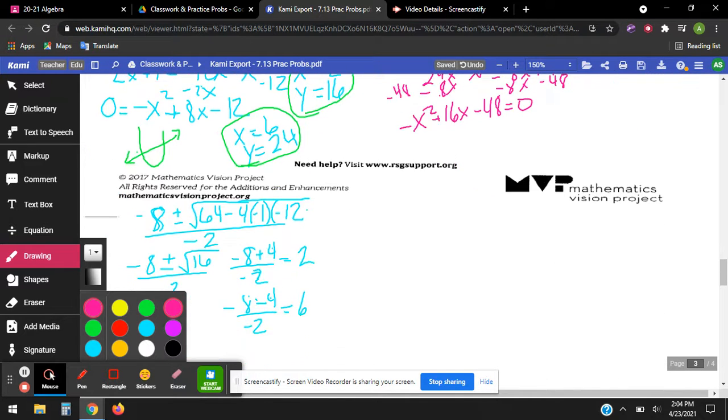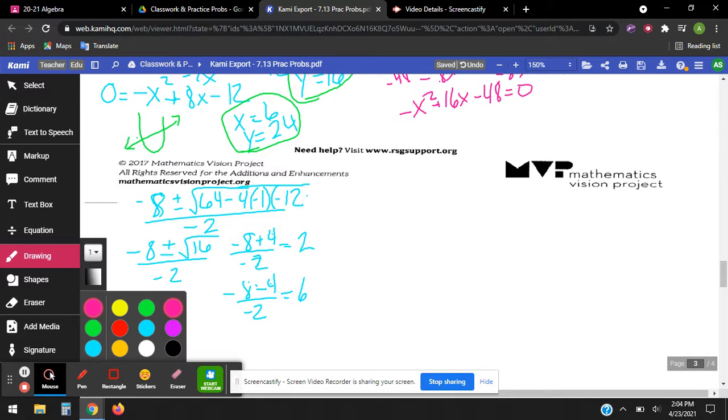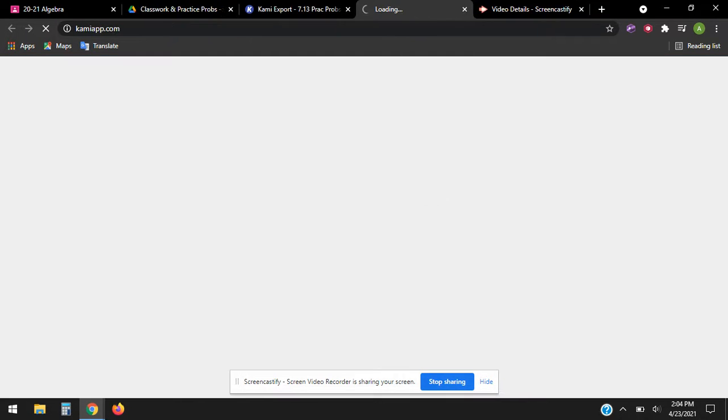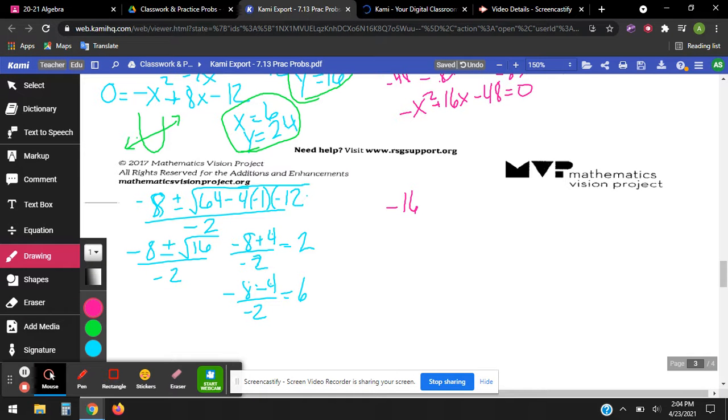All right, same process we just did. Negative b, negative 16, plus or minus the square root of, what's 16 squared? 256, minus 4 times negative 1, which is a, times negative 48, which is c.